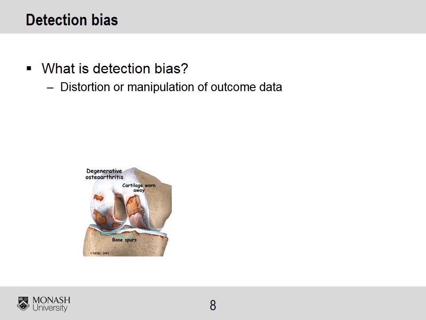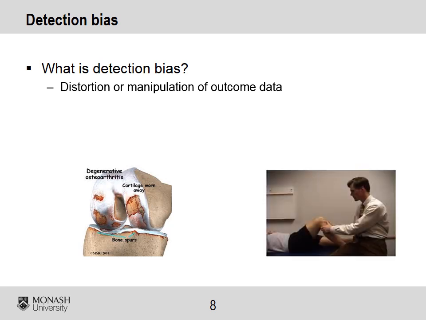So let's say we're running a trial where we're looking at osteoarthritis of the knee. Excuse the example. Let's say our trial's looking at the effectiveness of a particular supplement versus a placebo. Let's say I am this particular investigator and I'm measuring range of movement.